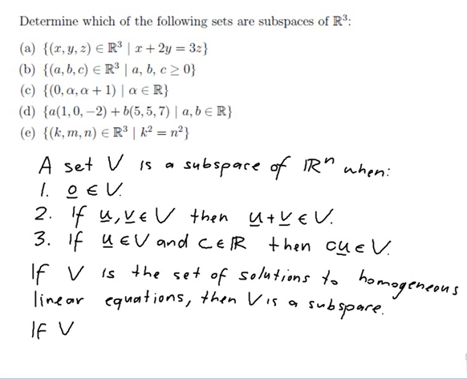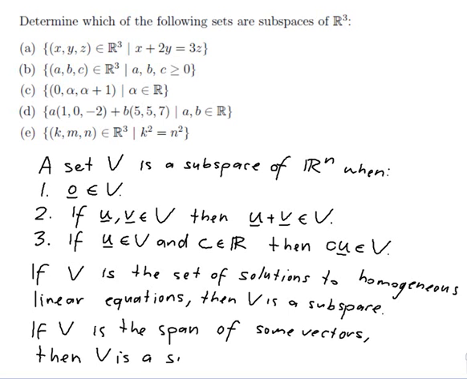And if V is the span, so the set of linear combinations of some vectors, then V is a subspace. Alright, so I've got the definition and I've got these 2 useful facts. Hopefully they will help me to decide if I have subspaces or not.